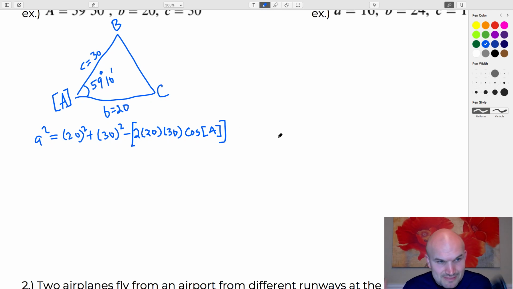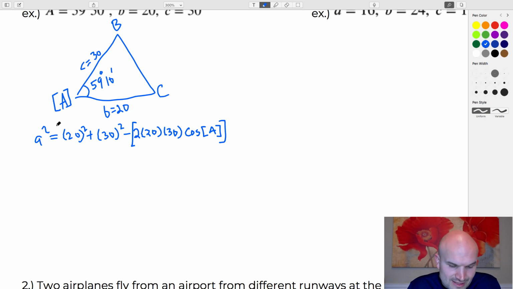So when I'm typing this in, I have 20 squared plus 30 squared minus, open parenthesis, 2 times 20 times 30 times the cosine of my a value, which is 59.833. Close that parenthesis, and then I close that other parenthesis. And therefore, I get a squared is 696.97.